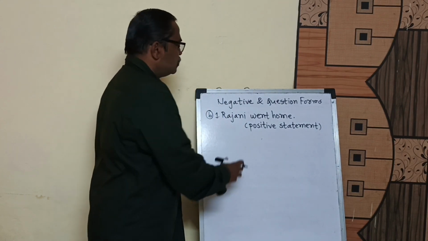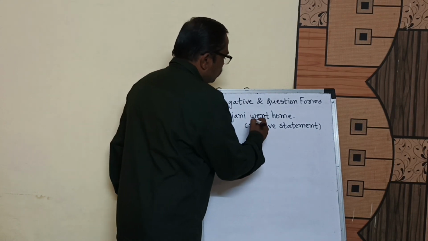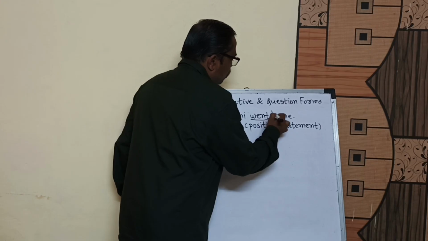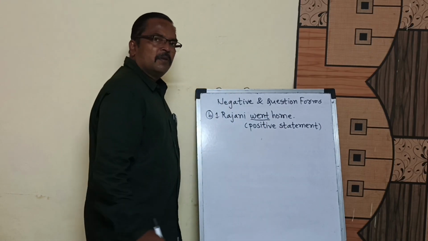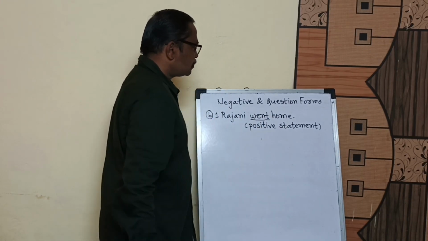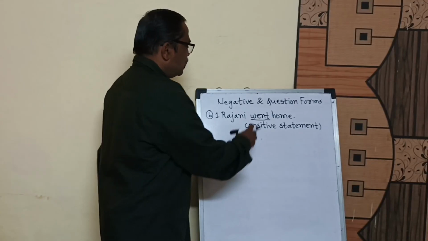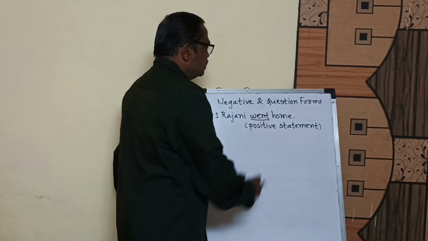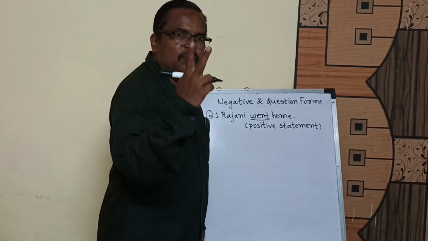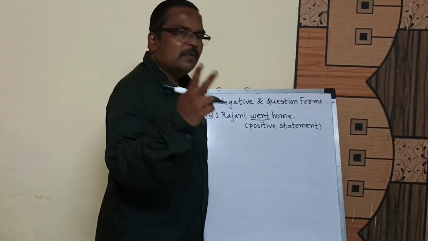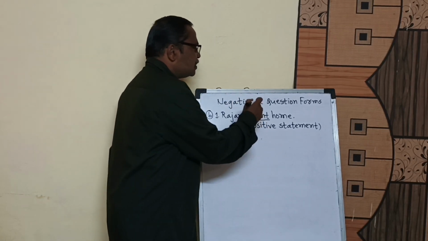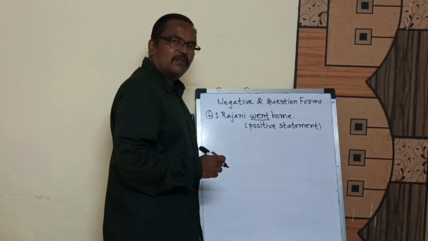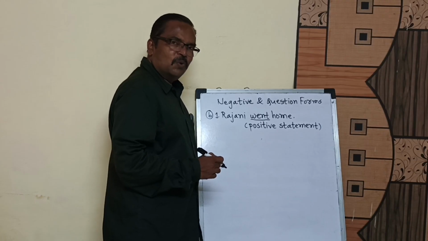In this sentence, we are going to highlight the verb form. We are going to understand now that the verb is in V2 form. It is the past tense of the verb go.